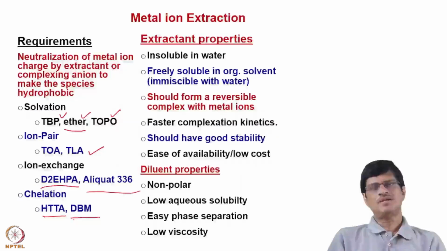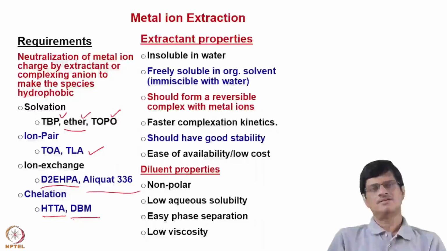Now, along with the extractant, as I mentioned, we also need a diluent. The diluent should have the following properties: it should be non-polar, it should have low aqueous solubility, it should have easy phase separation ability, and it also should have low viscosity. Some diluents are highly viscous, like the room temperature ionic liquids.